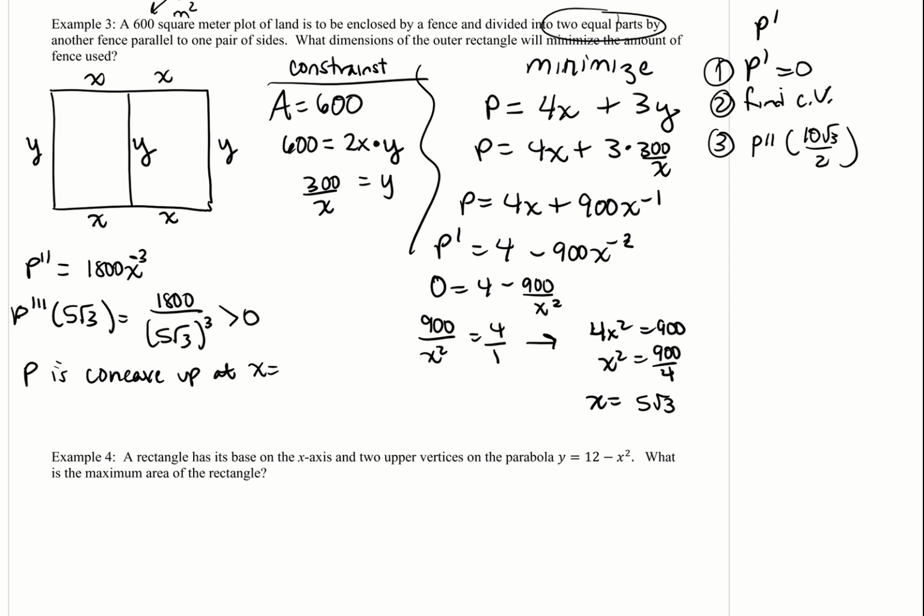And really, this is going to be concave up anywhere x is positive. So it would actually be concave up anywhere, but I could write it this way if I'd like. What this is telling me is that indeed my critical value will be a minimum here for this region.